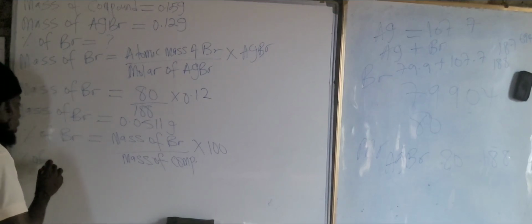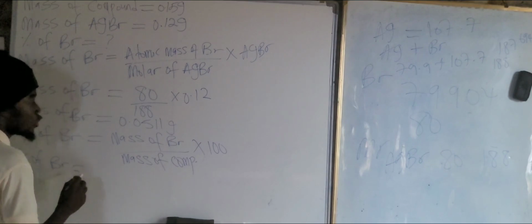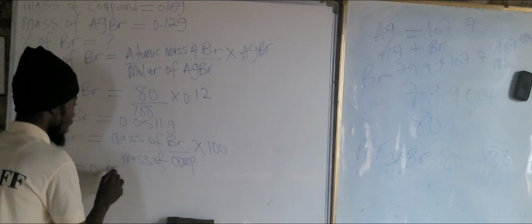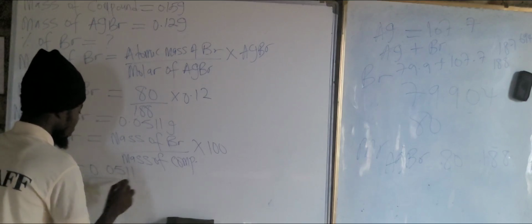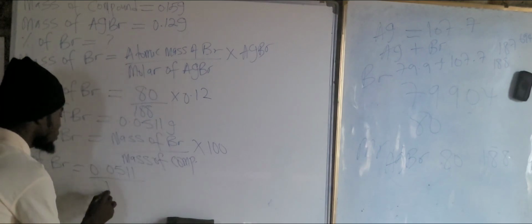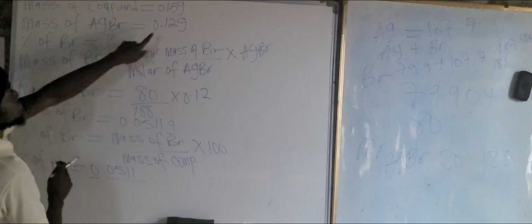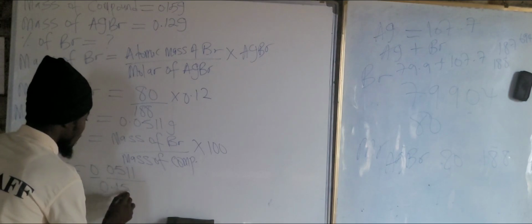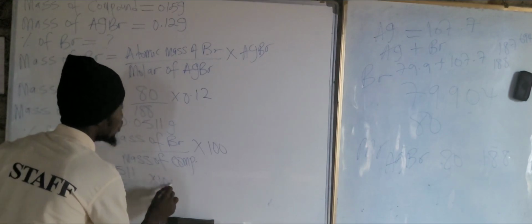Percentage of bromine is equal to the mass of bromine, 0.0511, all over the mass of the compound, which is 0.15, multiplied by 100.